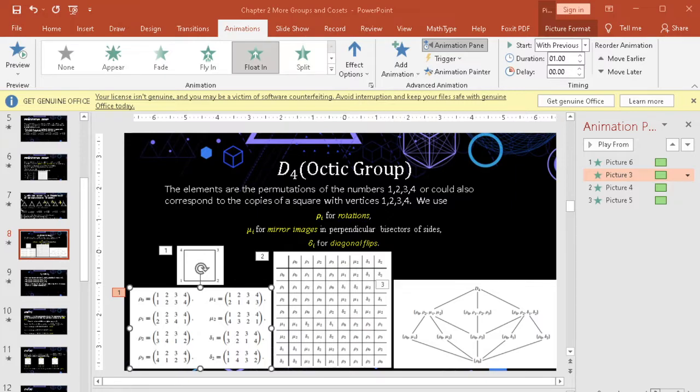Yes, kasi naka-fix na ang 2 at saka 4. And then, how about the other one? Delta 2. 2, 4, sir. So, odd ba yan or even? Even.